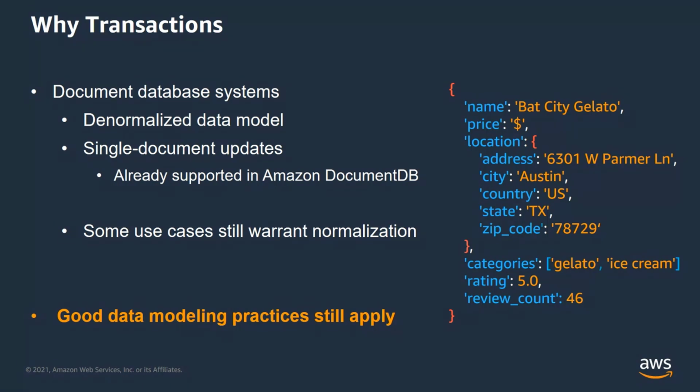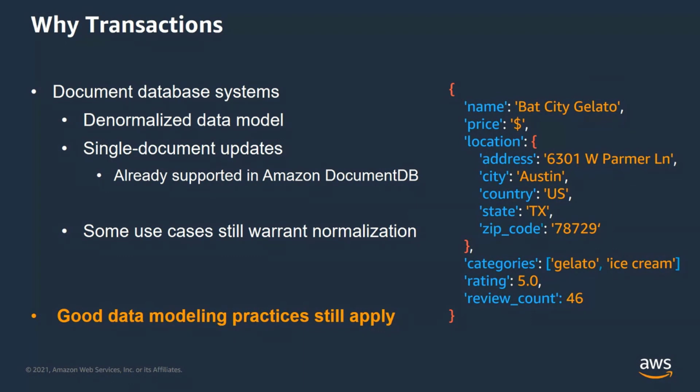DocumentDB's 3.6 engine, when we launched DocumentDB a little over two years ago, was this 3.6 compatible engine, and that already supported updating multiple fields in the same document as one atomic unit, all or nothing, et cetera. We have that also in the 4.0 engine, which came out in the fall as well. So that's already there.